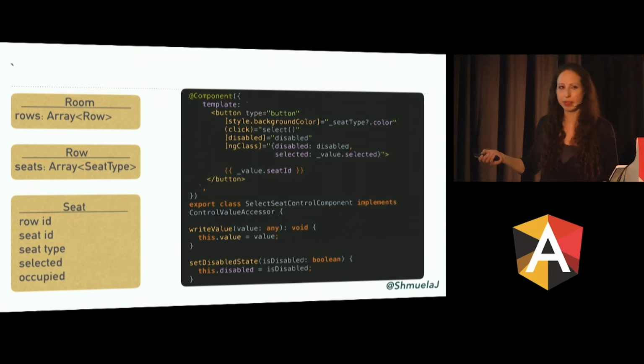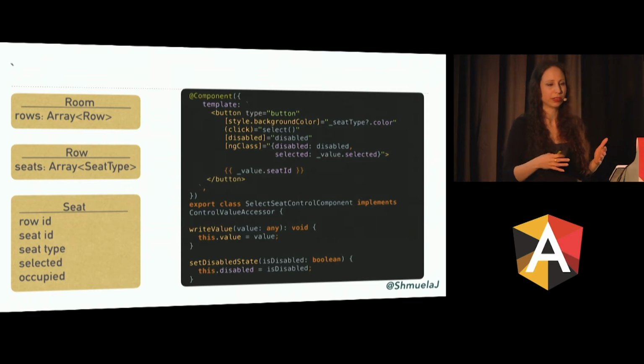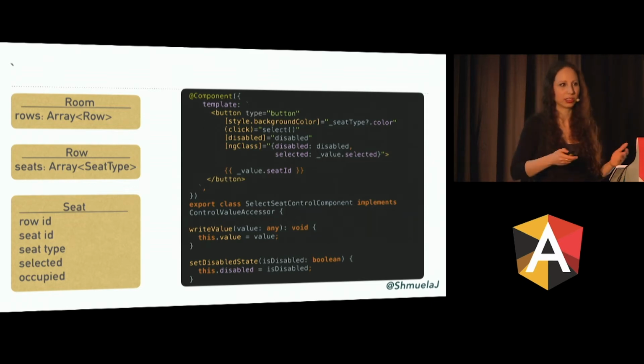save everything in the value of the seat. So the value of the seat is not only whether it is occupied or selected, because there's more. There's the seat number, there's the seat type.